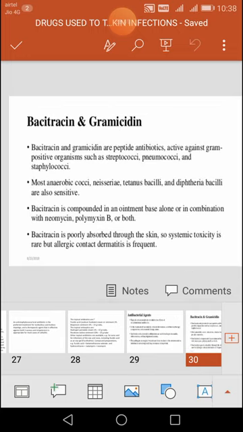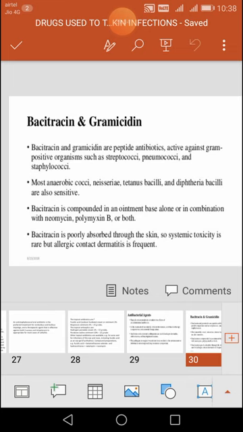Bacitracin and gramicidin are the peptide antibiotics active against gram-positive organisms such as streptococci, pneumococci, and staphylococci. These are the gram-positive. Most anaerobic cocci, Neisseria, tetanus bacilli, and diphtheria bacilli are also sensitive.